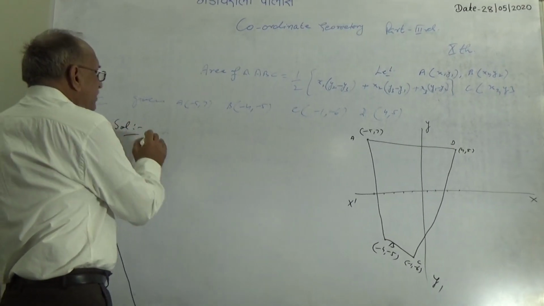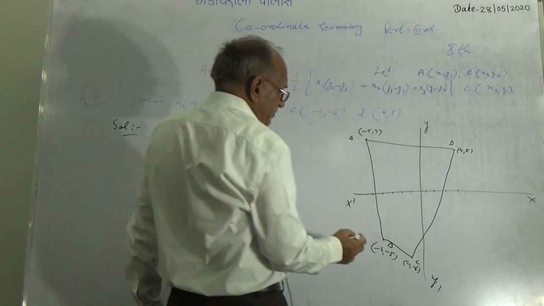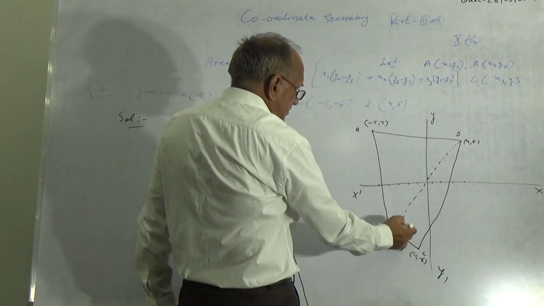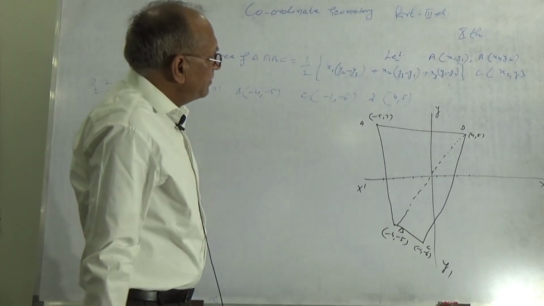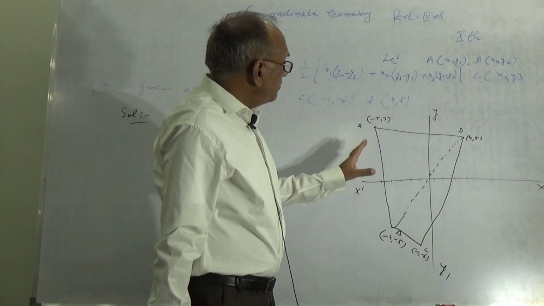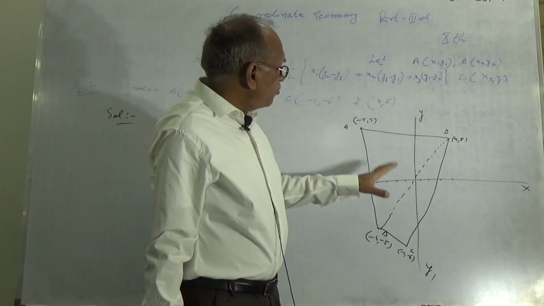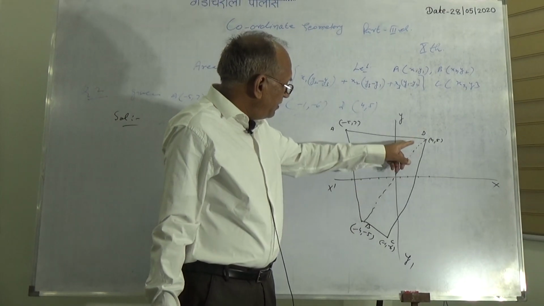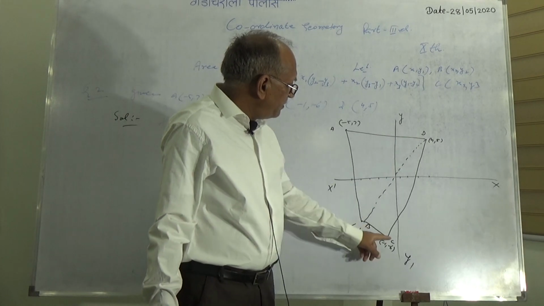If we join the diagonal BD, the whole figure is divided into two triangles, that is ABD and DBC.